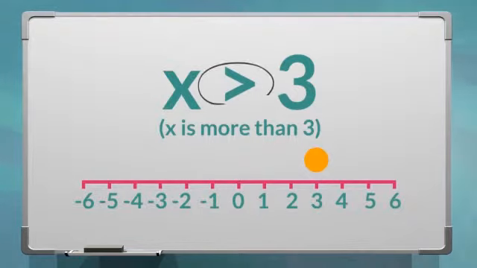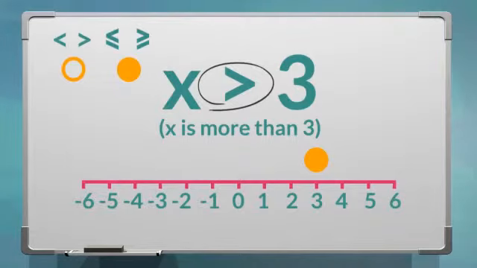Our choice depends on the symbol that is being used in the inequality. In this case, it's the is more than symbol. If we see this symbol, or the is less than symbol, we leave the circle as an outline. x could be 4 or 5 or 6 and so on, which are all to the right of the circle. So we finish our diagram by drawing an arrow to the right.